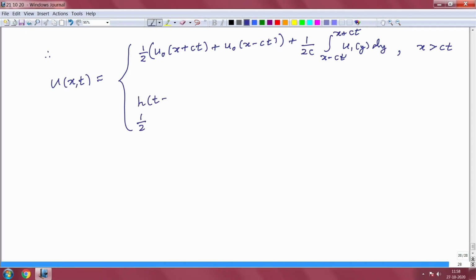So, let me write that separately, plus half u_0(ct plus x) minus u_0(ct minus x), that is plus 1 by 2c.